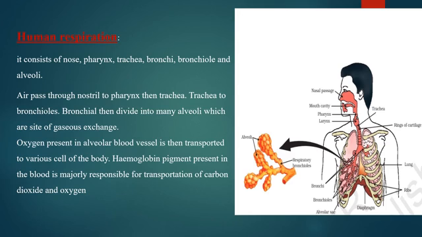After this, oxygen present in the alveolar blood vessel is transported to the various cells of the body. Hemoglobin, as we know, is the main pigment present in the blood, which is majorly responsible for the transportation of carbon dioxide and oxygen. Hemoglobin is made up of heme and globin. Globin means the protein part.